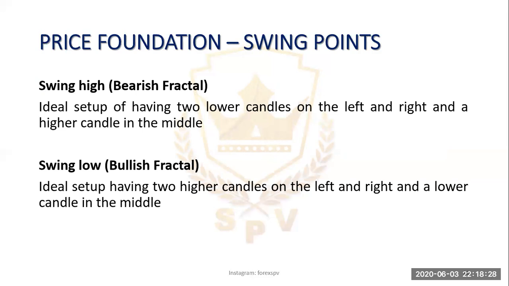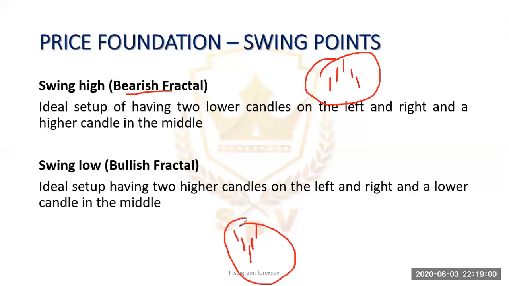These fractals you can find when you find two lower candles on the left, two lower candles on the right, and one in the middle which is higher than these. So this will be called a swing high or a bearish fractal or a short-term high. And if you find two high candles on the left, two high on the right, and the one in the middle which is lower than these, this is called a swing low, a short-term low, or a bullish fractal.